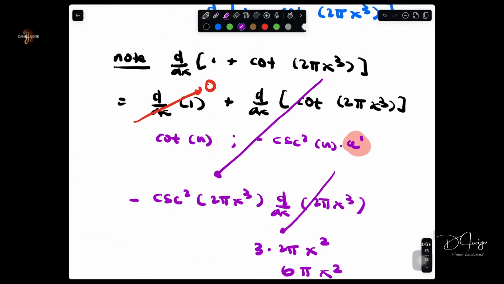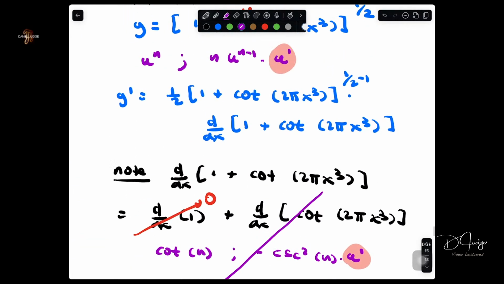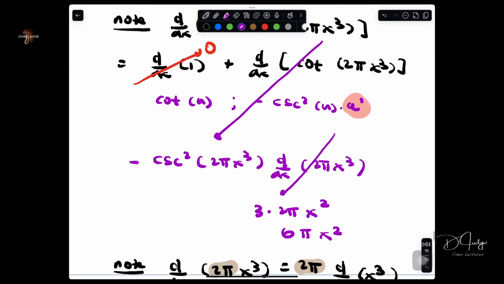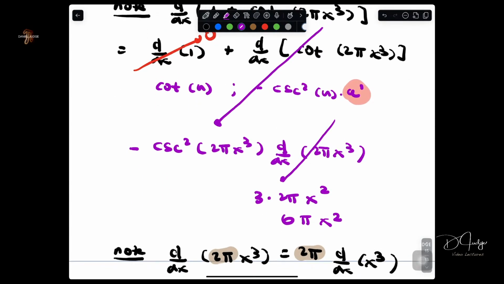Now, we got to go back over here and somehow put it all together. It looks like we have that minus cosecant squared 2 pi x cubed times 6 pi x squared there.